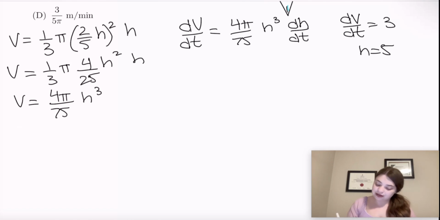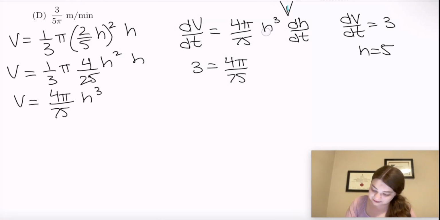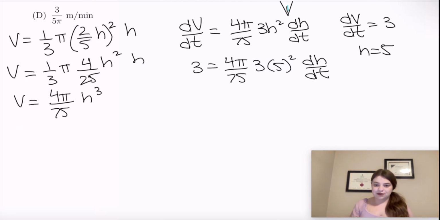Okay, so now I'm going to plug in those numbers. I'm going to get that 3 is equal to 4 pi over 75, and then I need to take my derivative. Actually, I forgot to do that. Instead of h cubed, it should be 3h squared. My apologies. So that's going to be 3 times 5 squared dh over dt, which we have to simplify here.